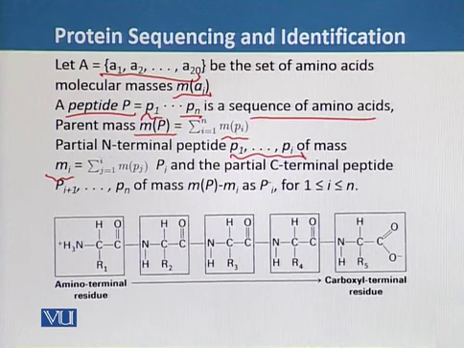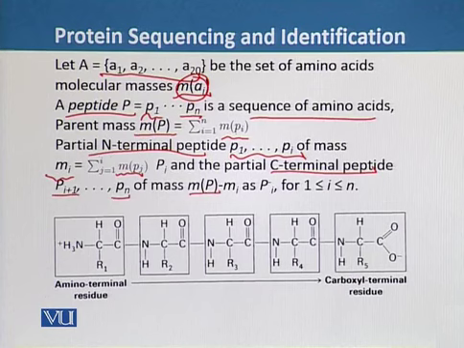So this is the N-terminal peptide, and it has a mass equal to the summation of MPj, with j equal to 1 to i. Similarly, the partial C-terminal peptide is Pi+1 up to Pn, with mass MP minus Mi, for 1 less than or equal to i and i less than or equal to n.